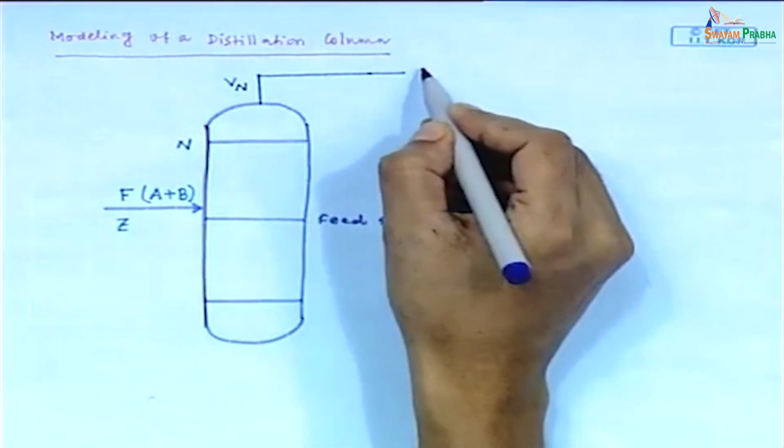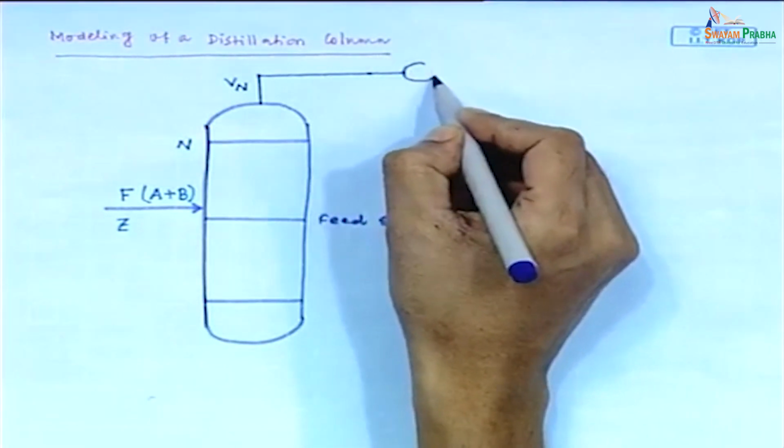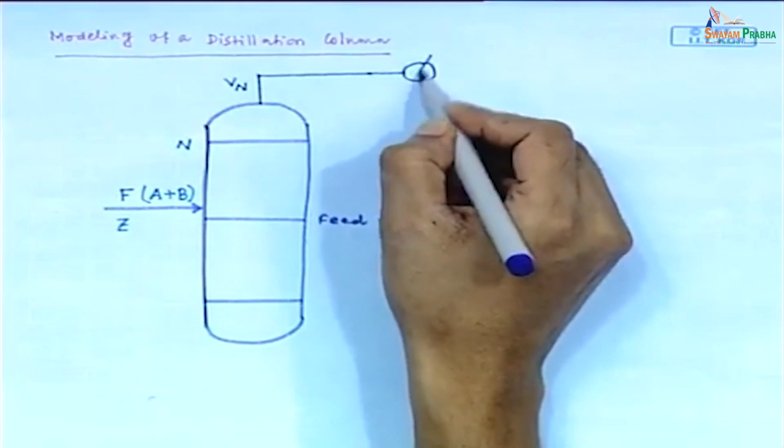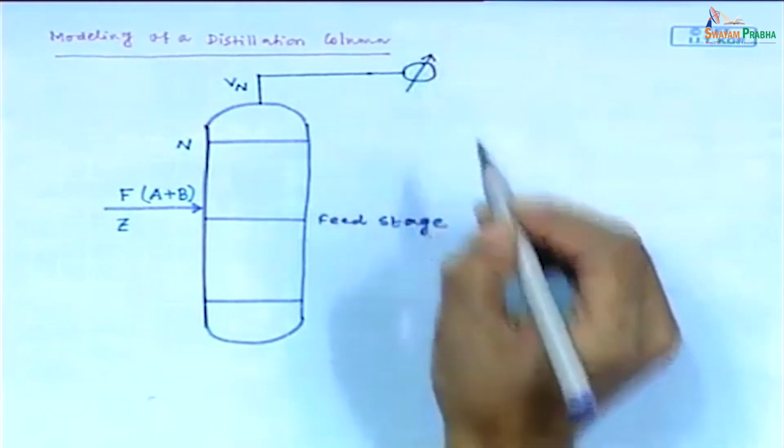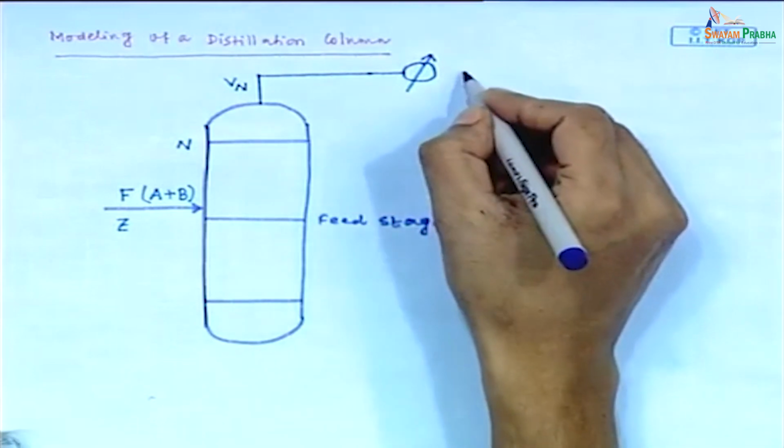Now, this vapor stream is condensed in an overhead condenser.